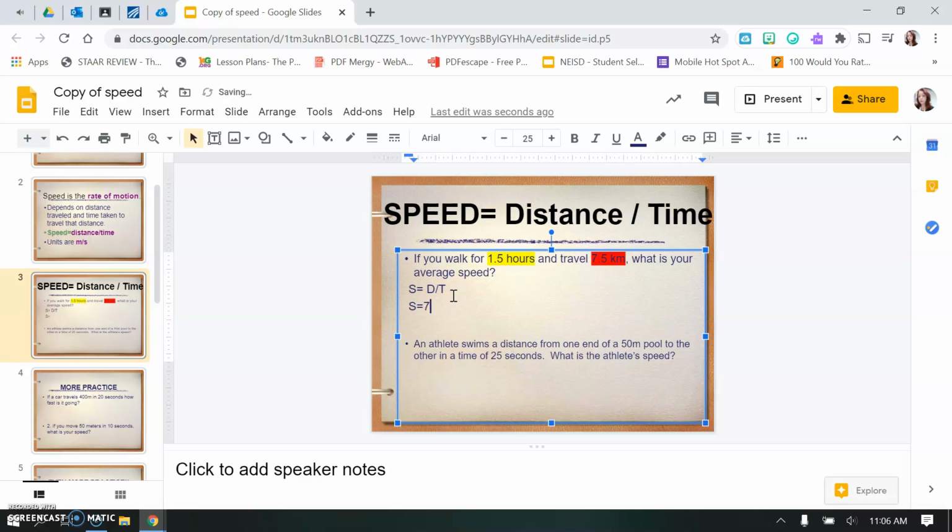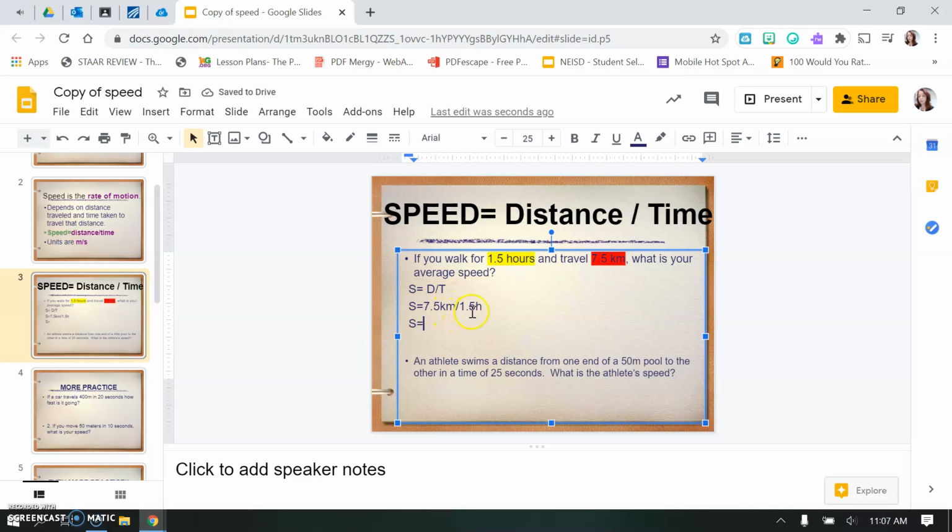We have our distance, it's 7.5 kilometers. So speed is distance divided by time. So now we do our division sign and let's insert our time into the formula, which is 1.5 hours. So our distance was 7.5 kilometers, our time was 1.5 hours. And so now you can calculate your speed. So the speed equals 7.5 divided by 1.5.